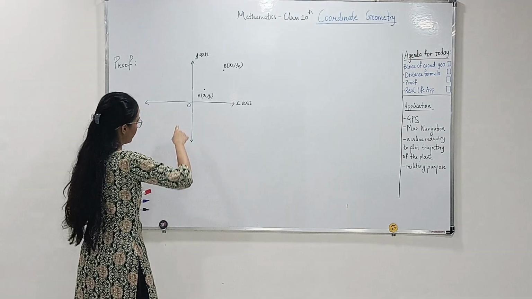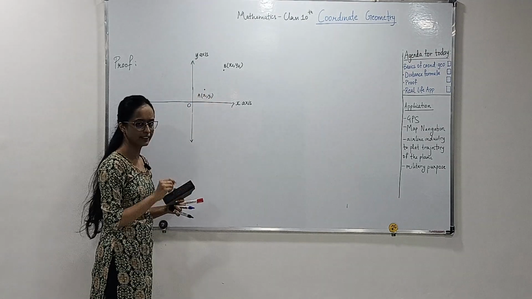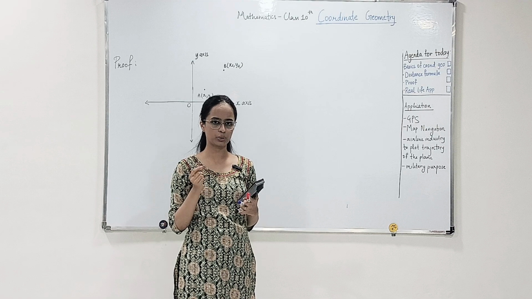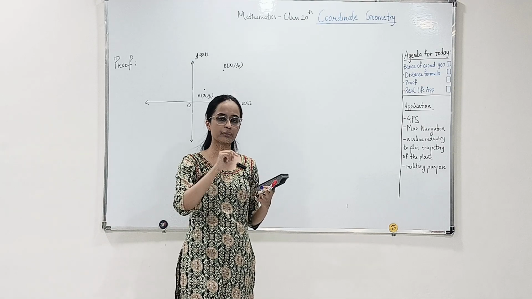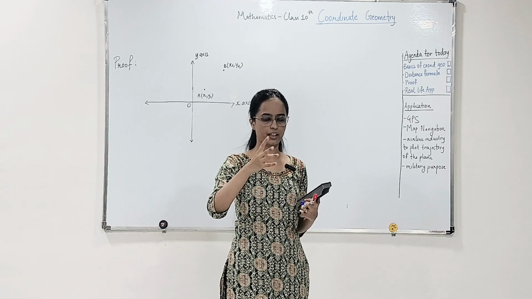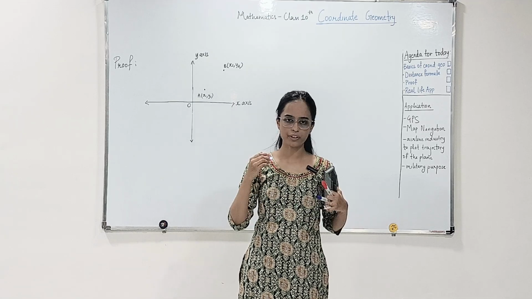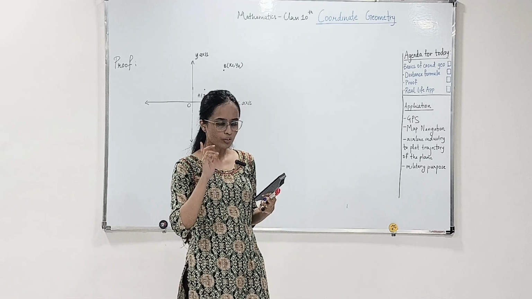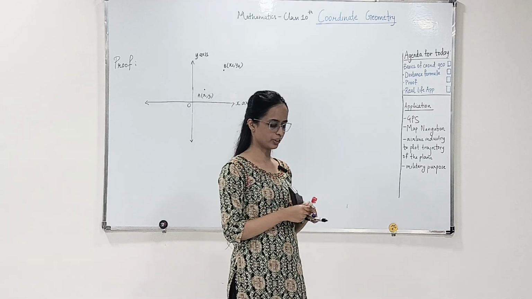Here I have taken 2 points A and B with coordinates x1, y1 for A and x2, y2 for B. Now we are going to actually get the distance between these 2 points A and B, and that would be nothing but the distance formula. So for that, first we have to do a small construction.